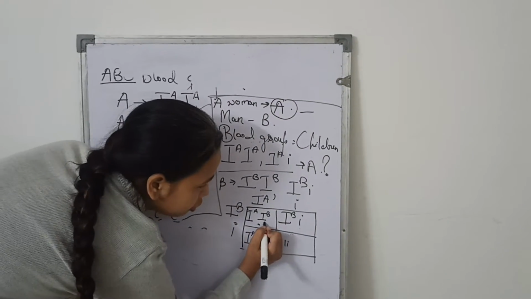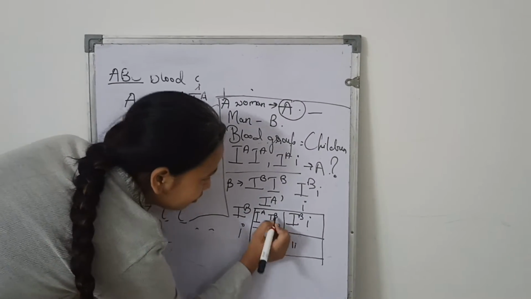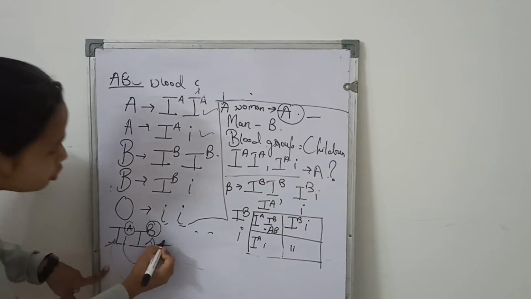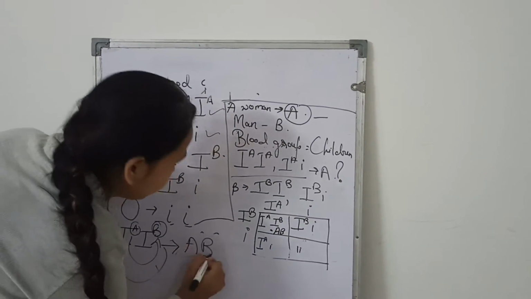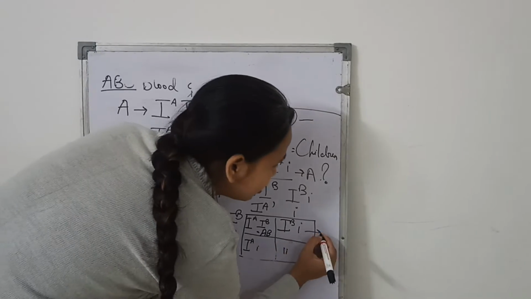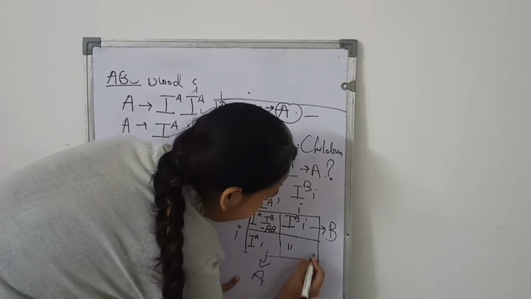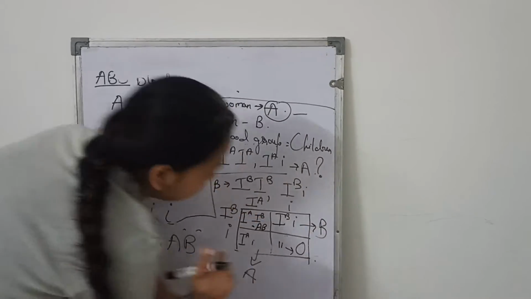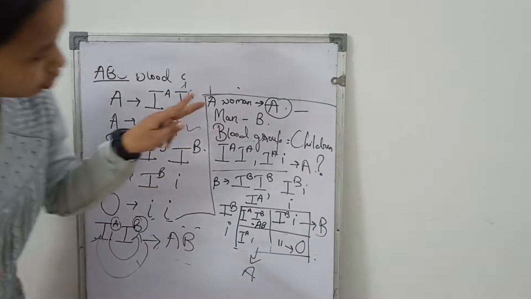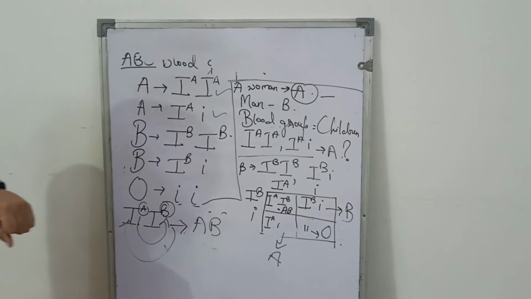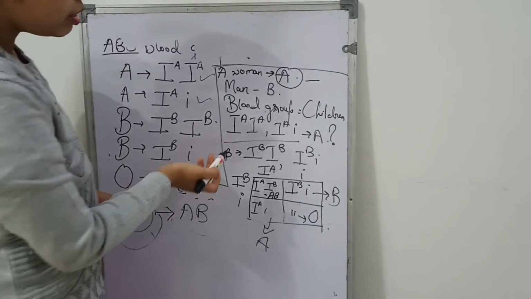This will show the blood group AB. We can see from here, it will show the blood group AB. In the same way, it will express the blood group B. It will express the blood group A and it will express the blood group O. So here we got all the types of blood group. So what will be the answer of this question?